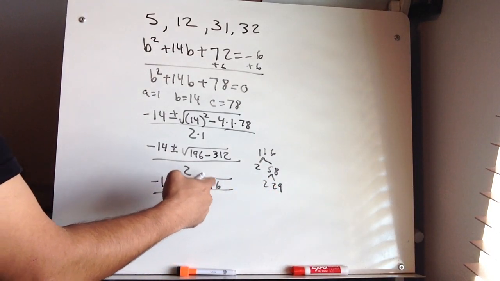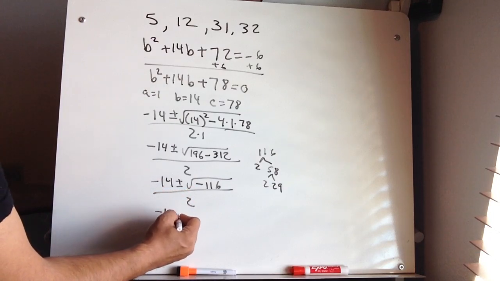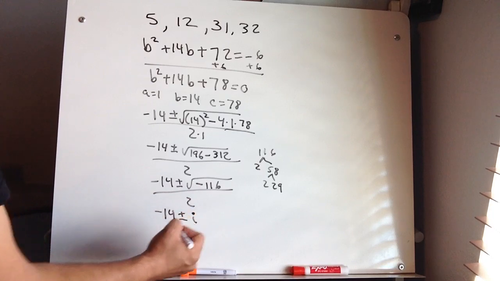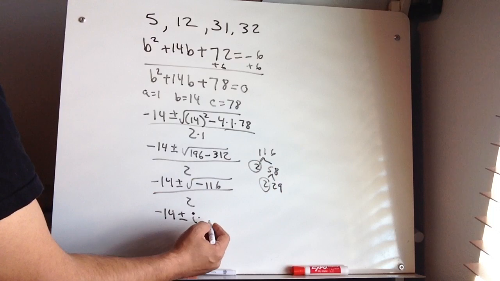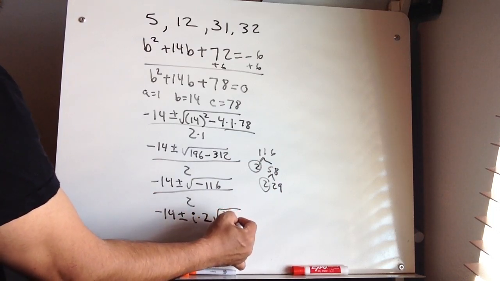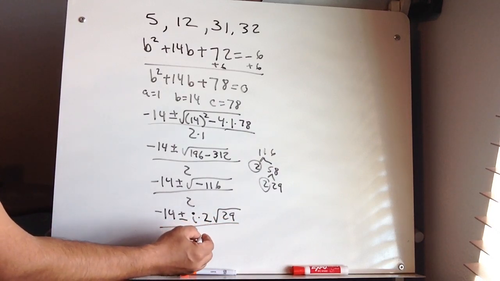So here the square root is going to change into negative 14 plus or minus. There's a negative so that I know the imaginary number is there. Since I'm able to take out two 2's, I take out a 2, and inside all I have left is 29. On the bottom, we still have a 2.